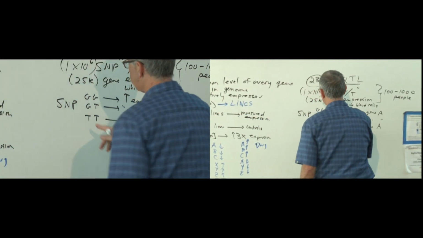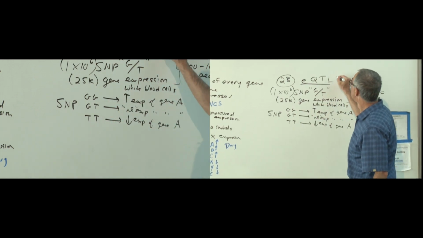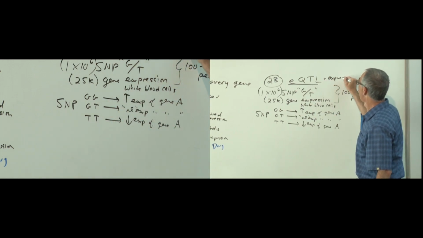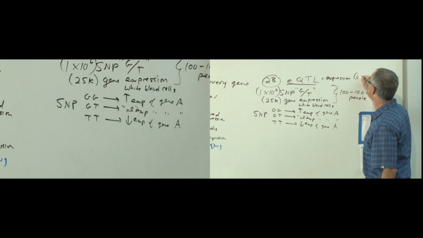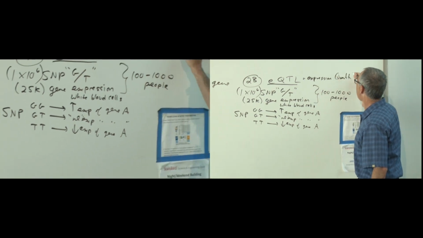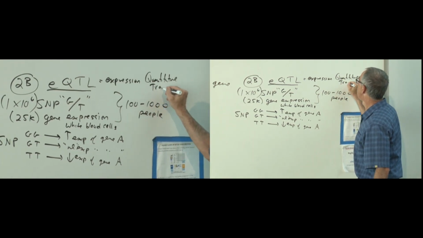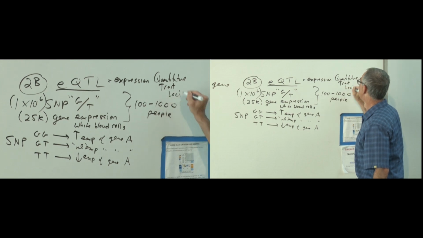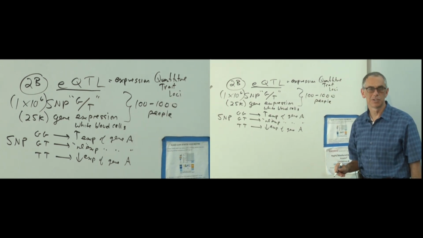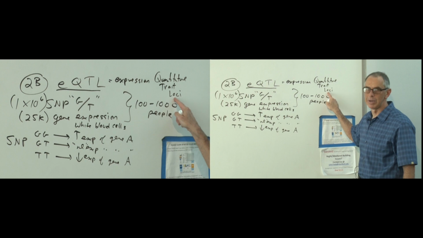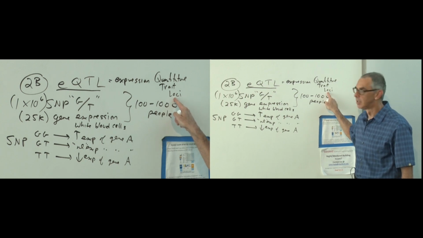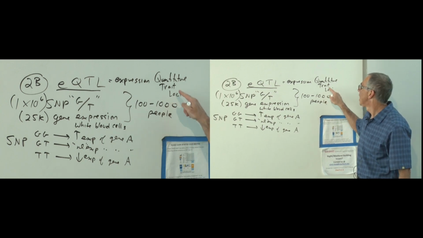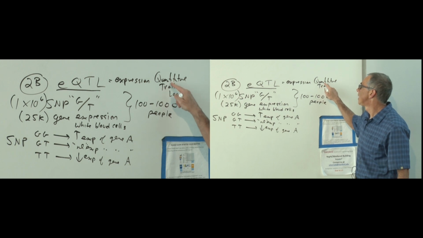If you find such a SNP, then that SNP is an expression quantitative trait loci. So let me decode this for you because it's a little confusing. Loci, we know what a loci is. It's the SNP. The SNP is predicting a quantitative trait.